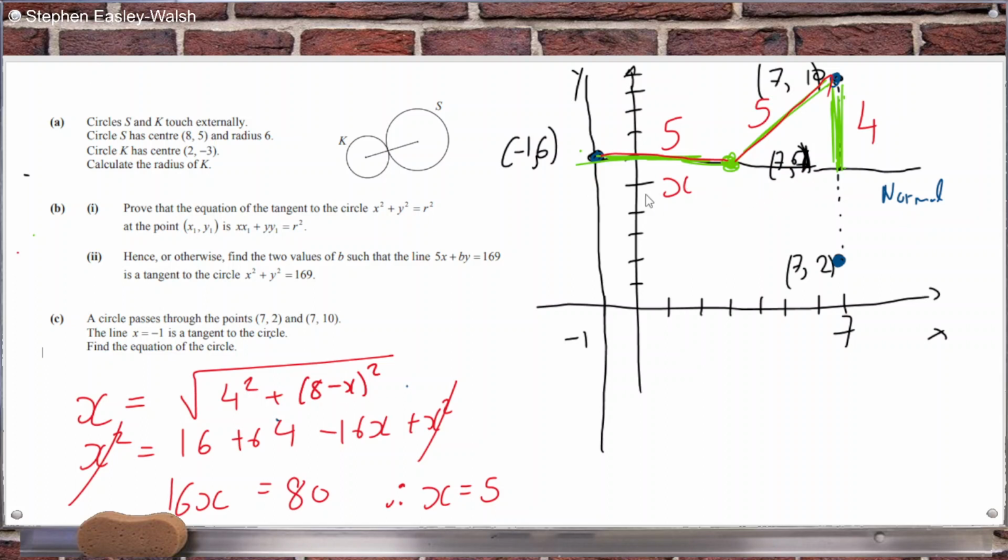That would make this side here 3. So I have the center of the circle. If that's 5, then here to here is 4, so that would be (4, 6), and the radius is 5. So I think the circle would be (x minus 4) squared plus (y minus 6) squared equals 25. Now I'm going to check the marking scheme. Okay, that's that question done.